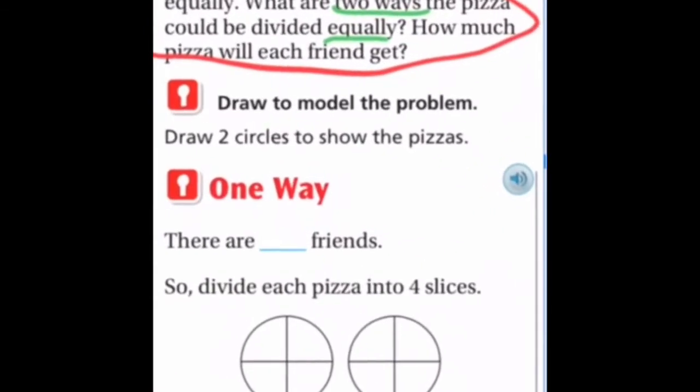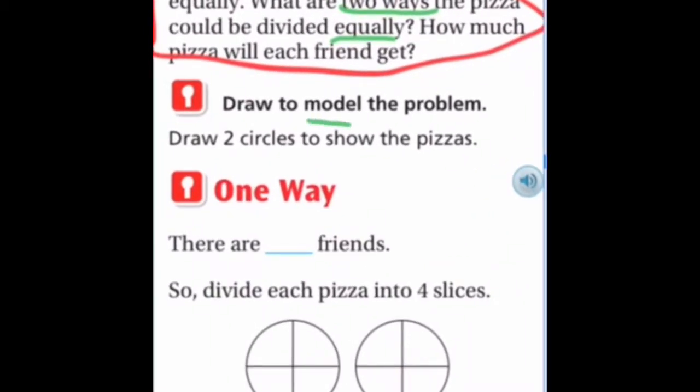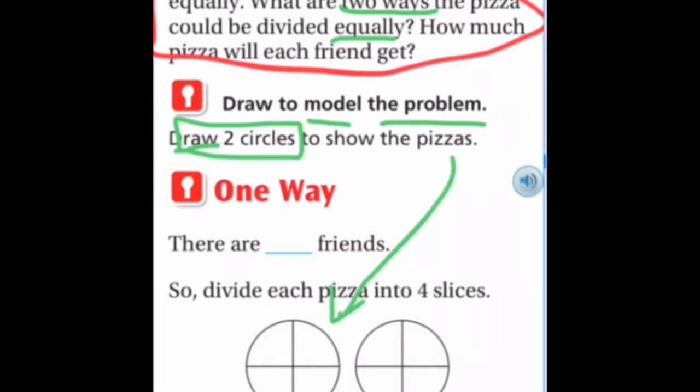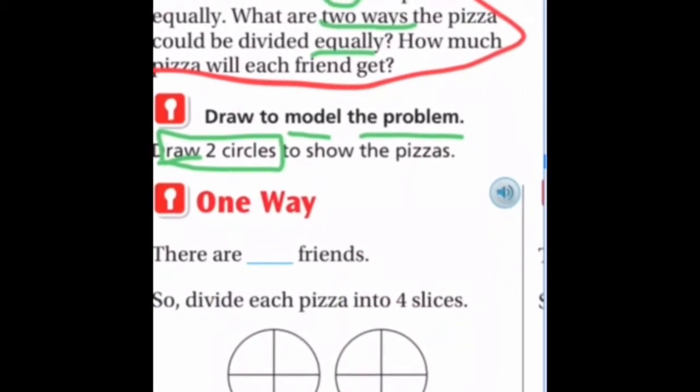All right, we're going to draw to model the problem. Draw 2 circles to show the pizzas, and that's done for us down here, so we don't really need to do that part of it. All right. How many friends are there? There are 4 friends.